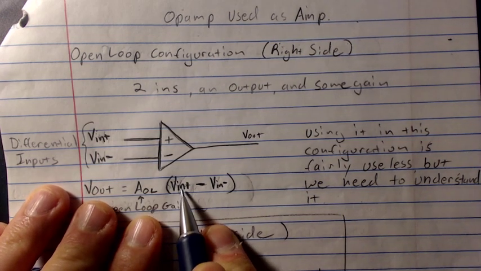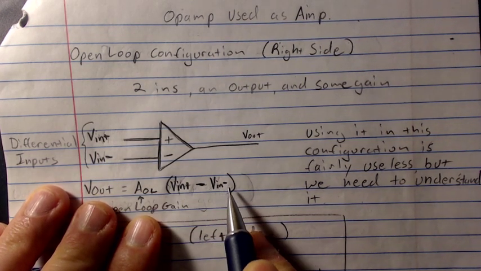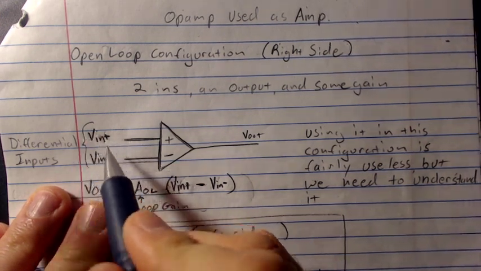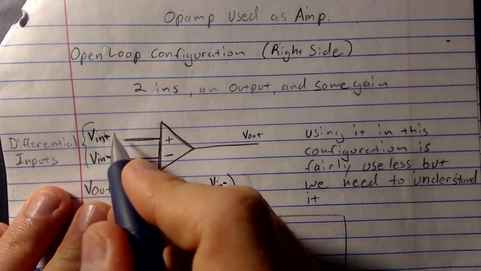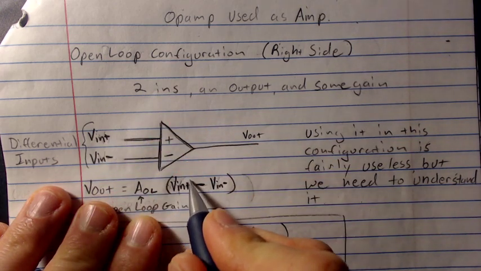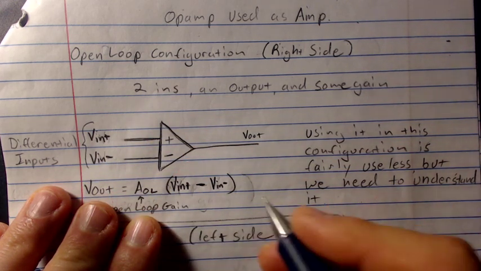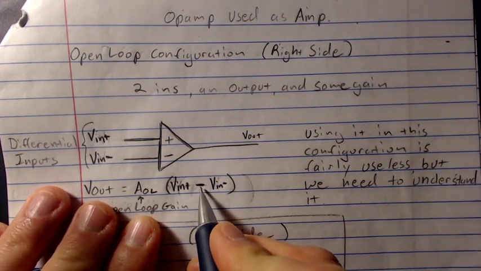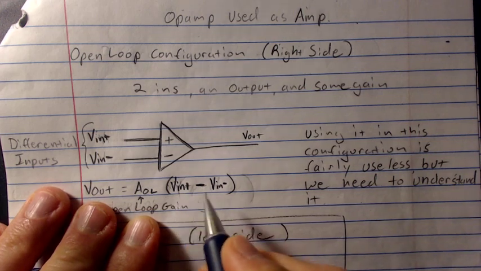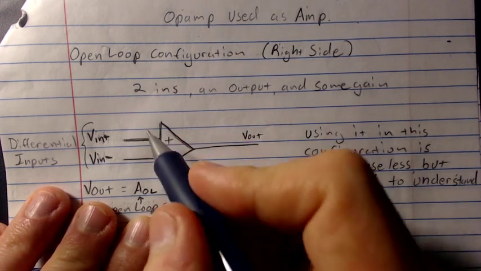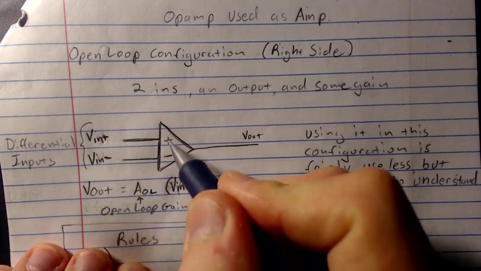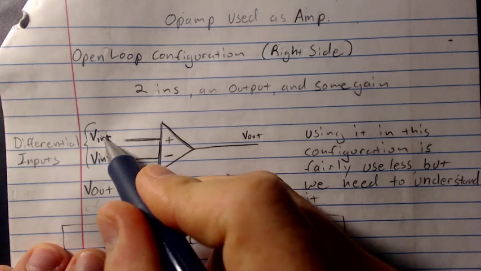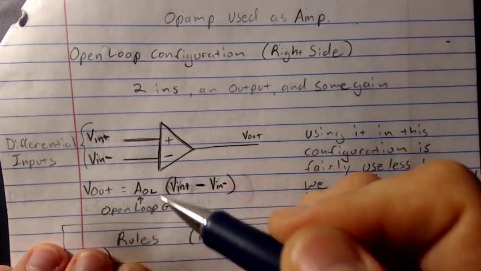I'm not saying V in plus minus V in minus as a sign. I'm saying V in plus is the value over here. So if V in plus was 3 volts, this whole thing right here would get replaced with 3 volts, right? Same thing with V in minus, okay? The operation is just taking the subtraction, or the difference, between our two inputs. So that's what this front end is doing. It's just taking the difference between these two inputs. Simply this minus this, okay?